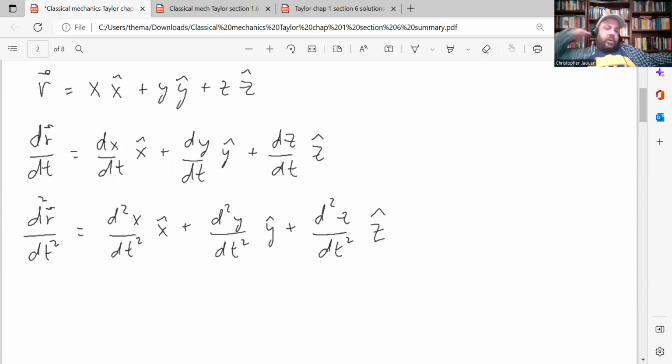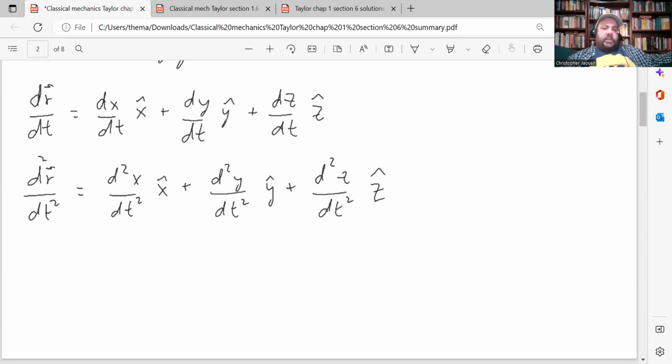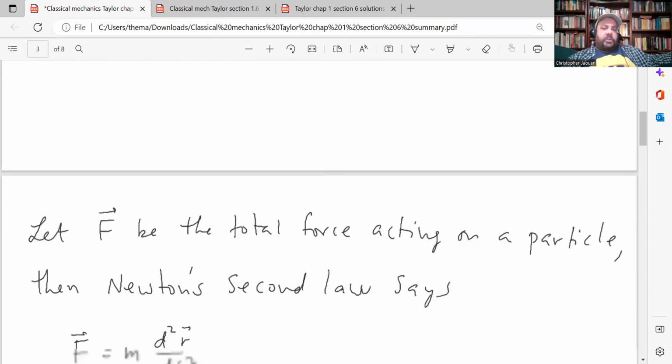You just differentiate the coordinates in that direction. So, for example, the velocity of the particle is the velocity in the x direction times x hat plus the velocity in the y direction times y hat, and so on. Same thing for the acceleration. So again, it's very easy to differentiate those vectors in Cartesian coordinates.